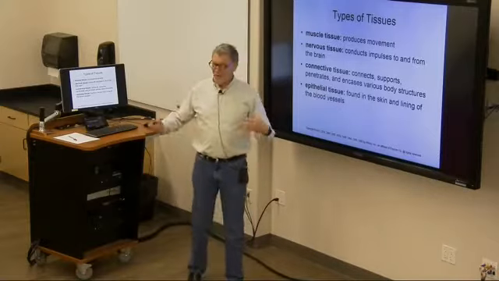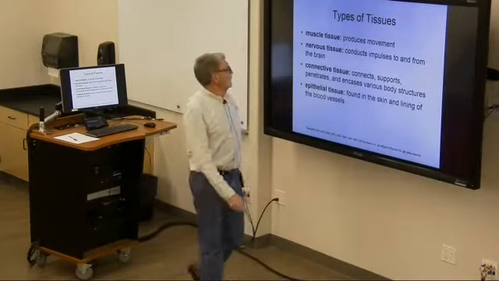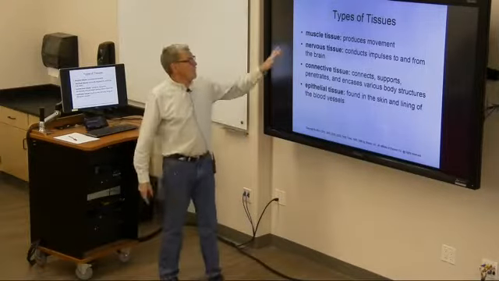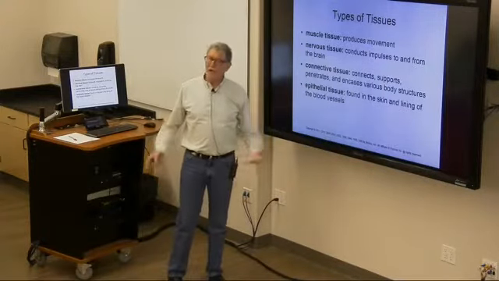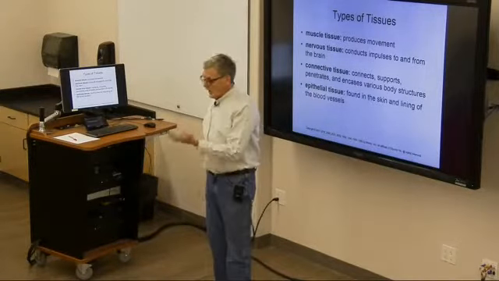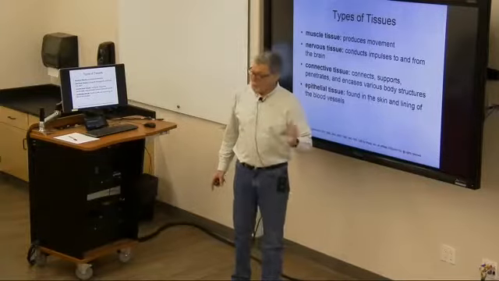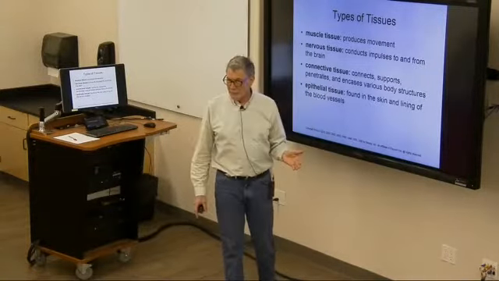Tissues are then groups of similar cells, and they come in several different types. Muscle tissue is designed to contract and produce movement. We're going to have striated skeletal muscle. It's called striated because it's striped looking under a microscope.